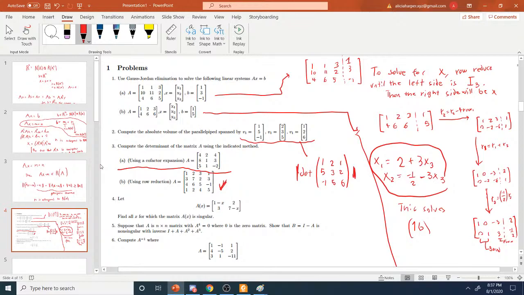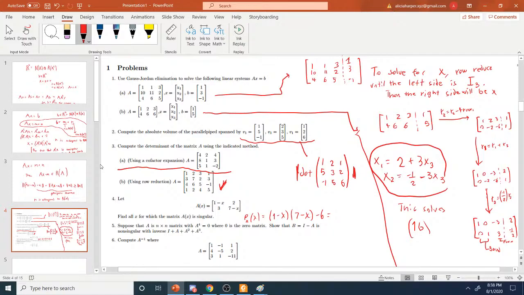For this one, we want to find all x values such that this is singular. As you may by now understand, what I'm actually doing is looking at the characteristic polynomial of A. So pA of x here is going to be (1 minus x) times (7 minus x) minus 6.